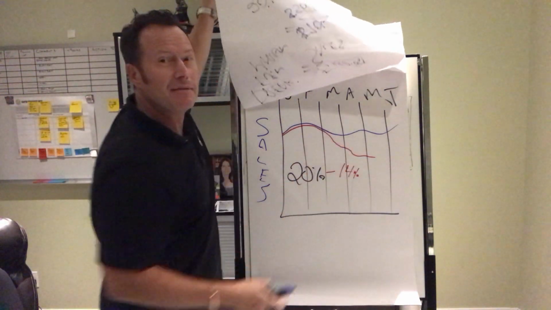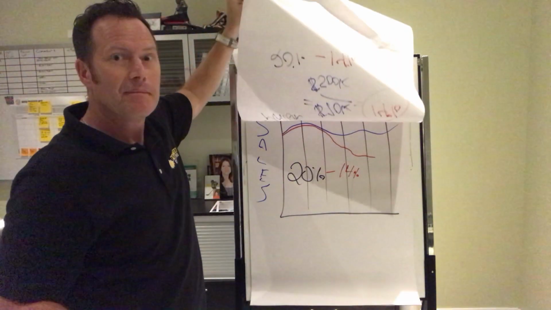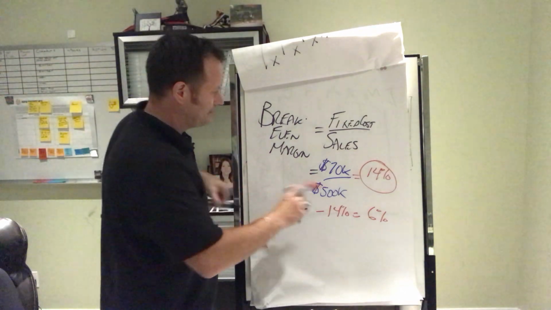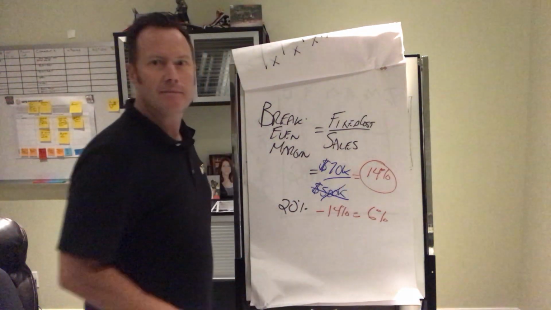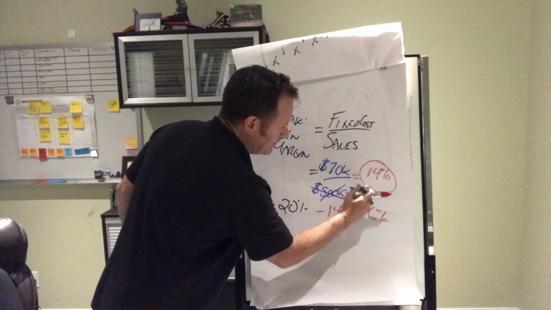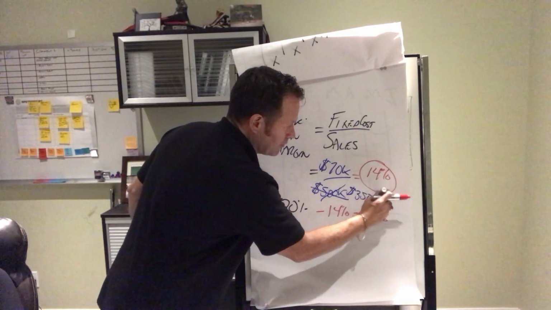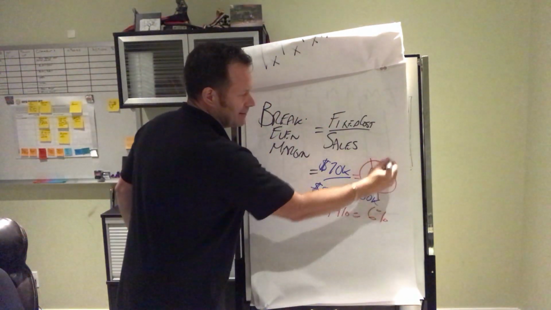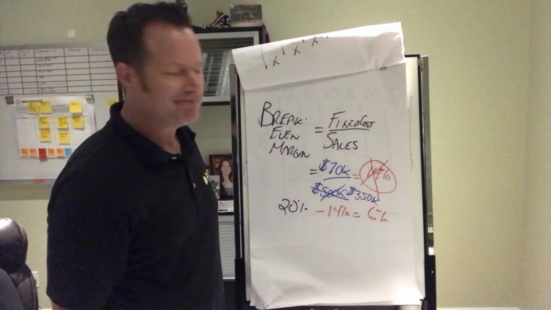The sales start tanking. So instead of making $500,000, this company's sales go down to $350,000. For whatever reason, this number changes.